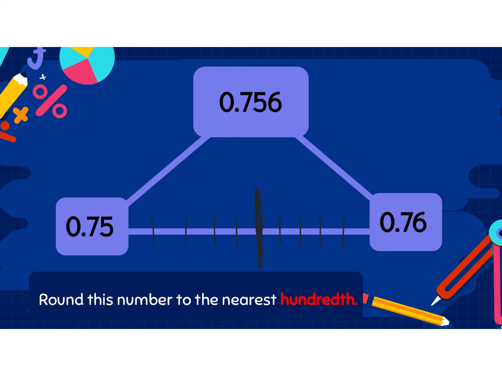If we're looking at rounding something to the nearest hundredth, we identify our hundredths place. In this case, that's the 5. The number beside it would be the bossy one. So our 6 is the decider.